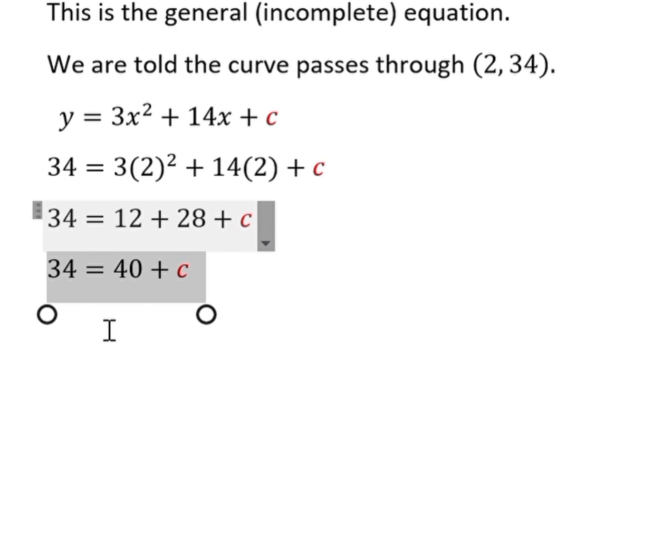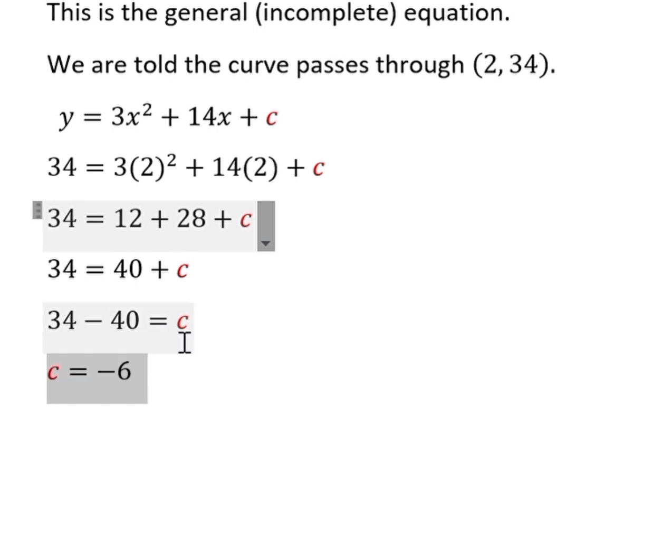Then take this 40 across the equal sign. We shall have 34 minus 40 being equal to c. 34 minus 40 gives us negative 6. So that is our c. Our c is negative 6. So this value is the one that we substitute here to make the equation complete.